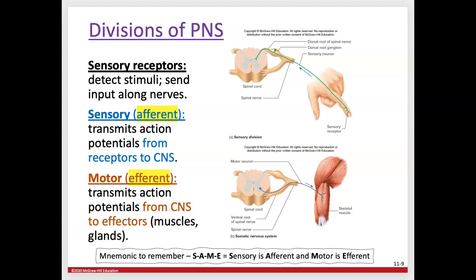And it's important to remember that sensory or afferent neurons carry stimuli to the CNS because it's a sense that you pick up and your brain has to decide on what it means. If you pick up a hot spoon, the receptors in your skin feel that hot spoon, and that information will go directly to the spinal cord through those afferent neurons.